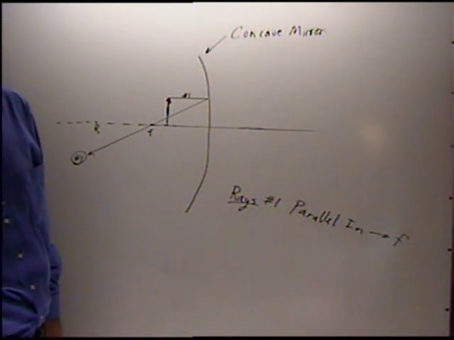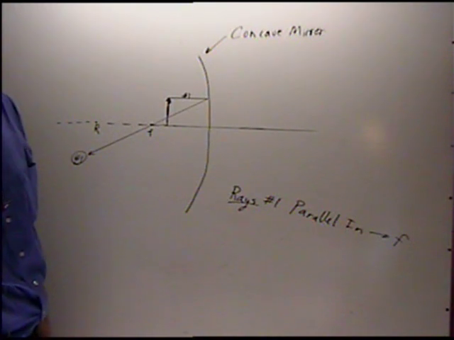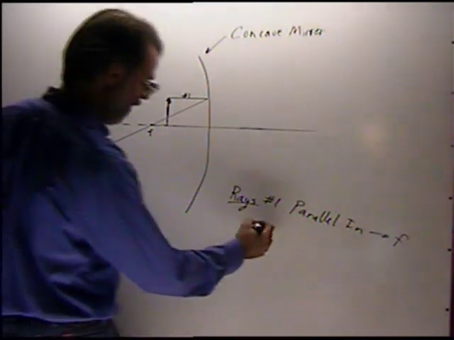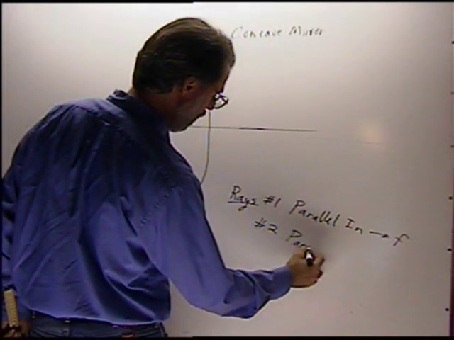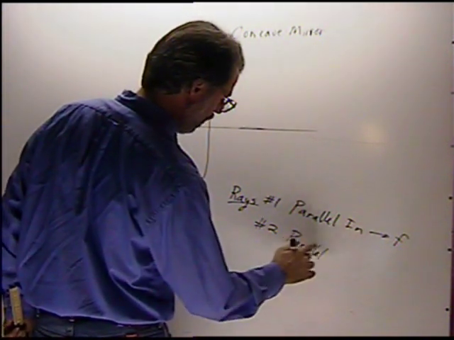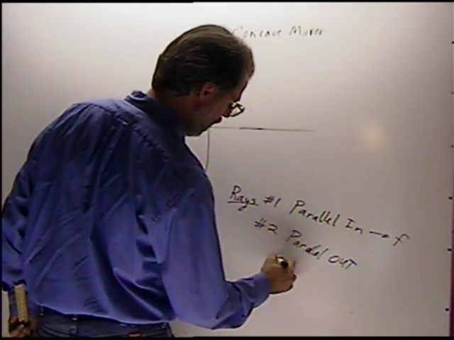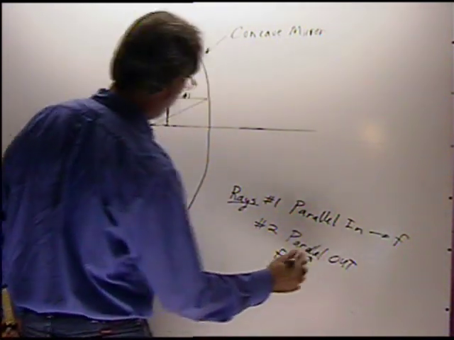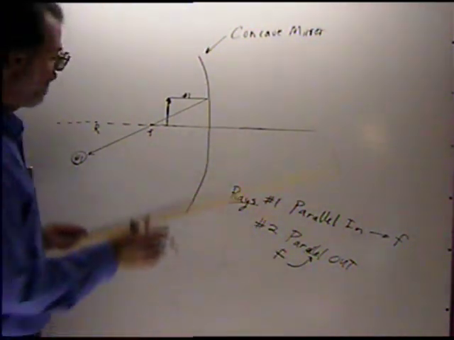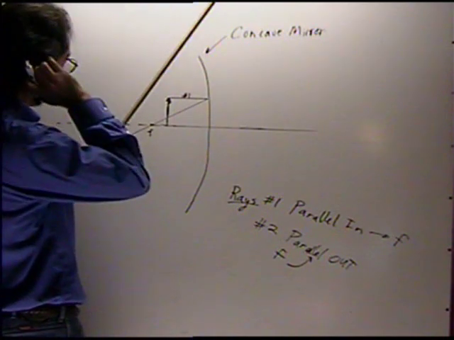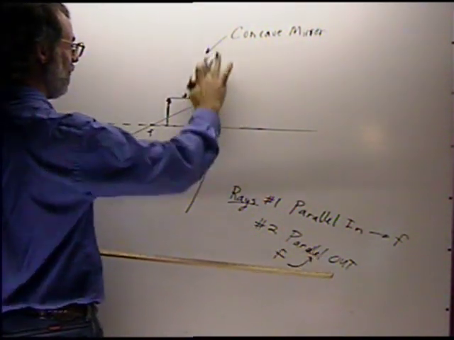We're on page 392 through 395, then flip to 396. Okay, the next one is parallel out. It goes through the focal point and then comes parallel out. So how do we go through the focal point? Well, we have to start at the focal point. I'm going to extend this up some.